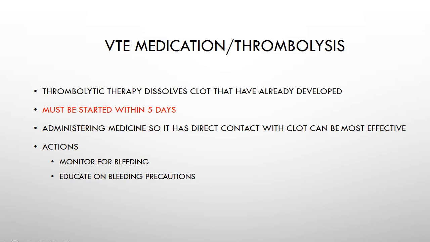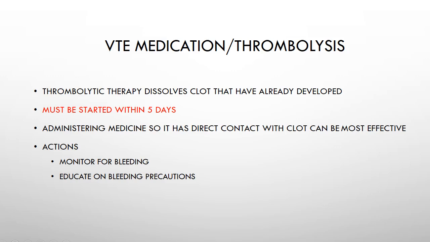So when you have an active VTE, they might want to do some kind of thrombolytic therapy. Thrombolytic therapy means that the clot will be dissolved: thrombo for thrombus, lytic for break up. It needs to be started within 5 days of clot development. What they do is administer medicine directly to the clot, which is most effective.